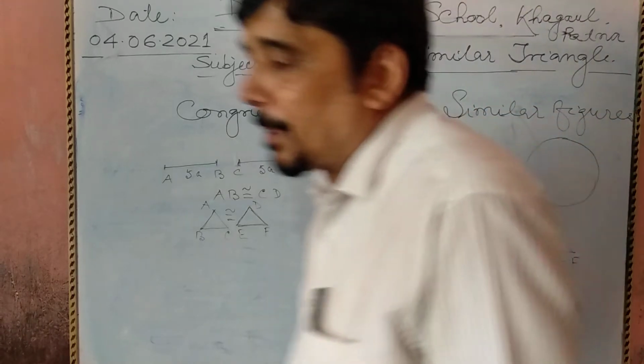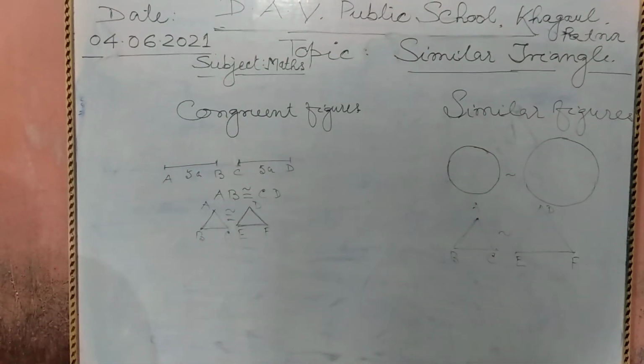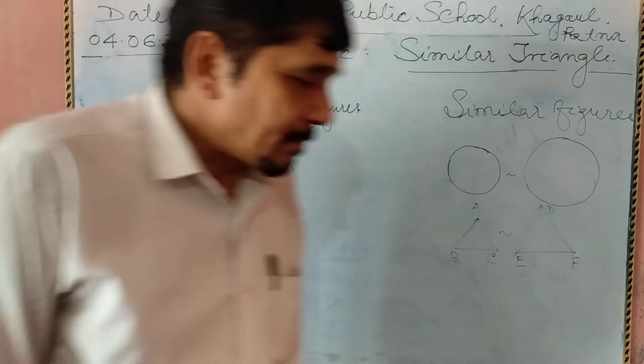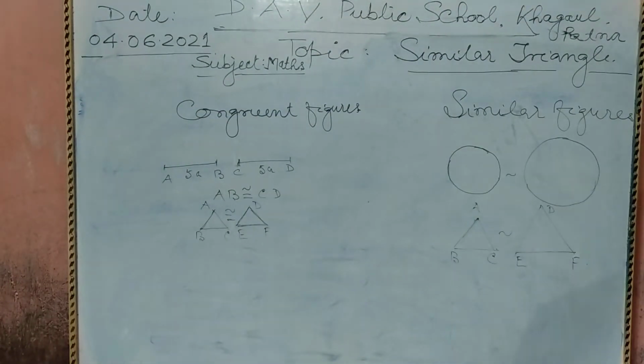Those geometrical figures are said to be similar when they are equal in shape but not necessarily equal in size. Okay?